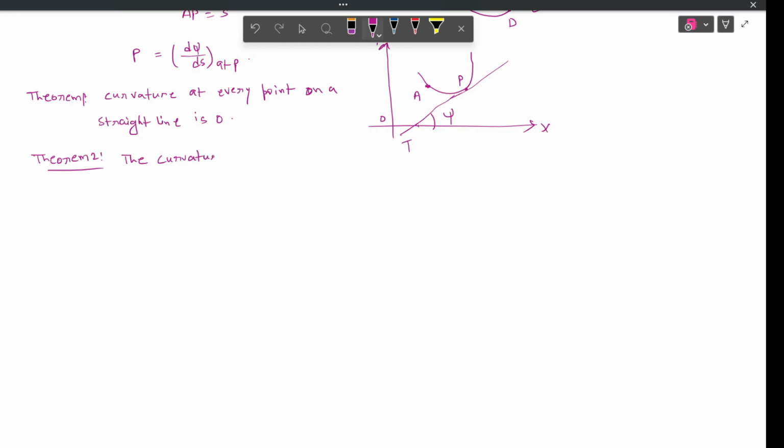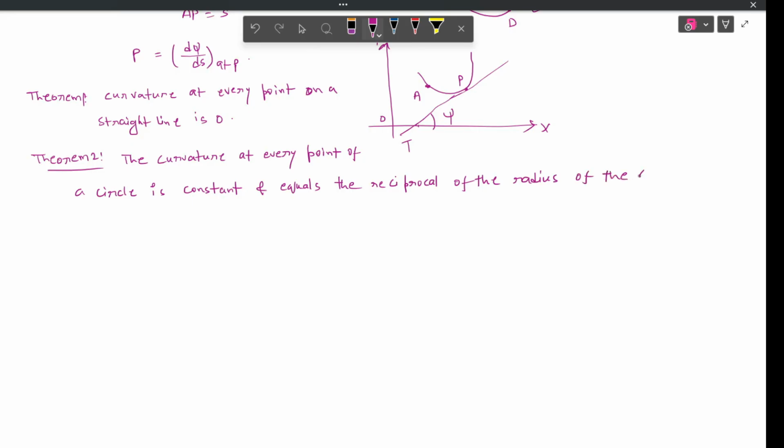The curvature at every point of a circle is constant and equals the reciprocal of the radius of the circle.